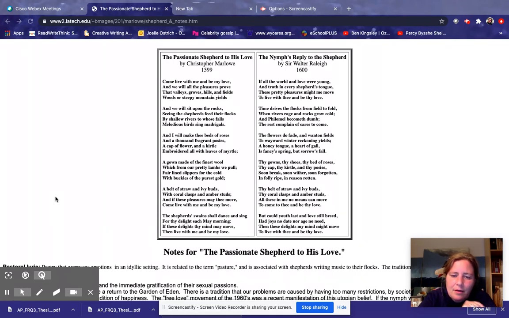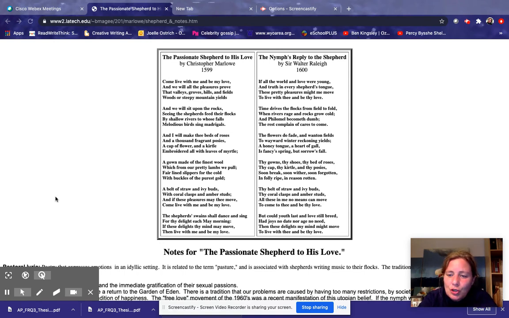Now, my final point with these poems is this. In the last stanza of Raleigh's poem, he uses the word but, okay? And I'm going to stress this as an important concept as we go through all the poems in the year. But as a word is employing a poetic term called the turn. Next week we're going to do sonnets, and in a sonnet, the turn is called the volta, but we're not at the volta yet.